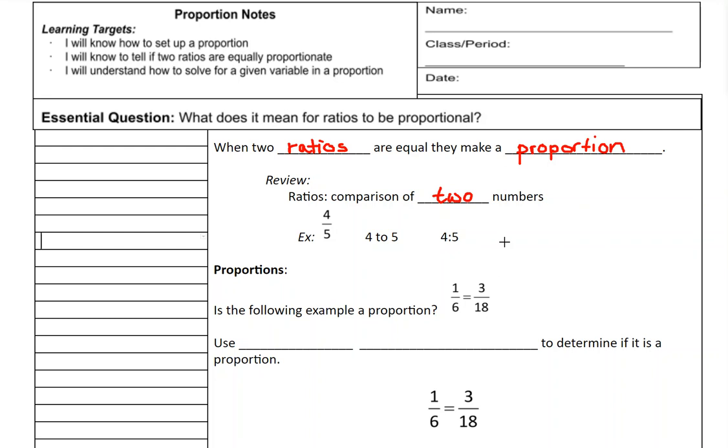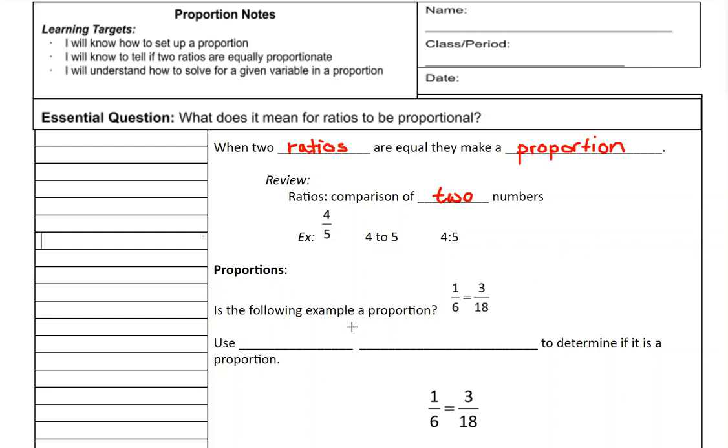So let's take a look now at proportions. If we have two ratios, in the past we have been trying to determine if they were a proportion by simplifying the fraction, and that's a nice, quick, easy method. Two ratios that are equivalent or equal will simplify to the same value.